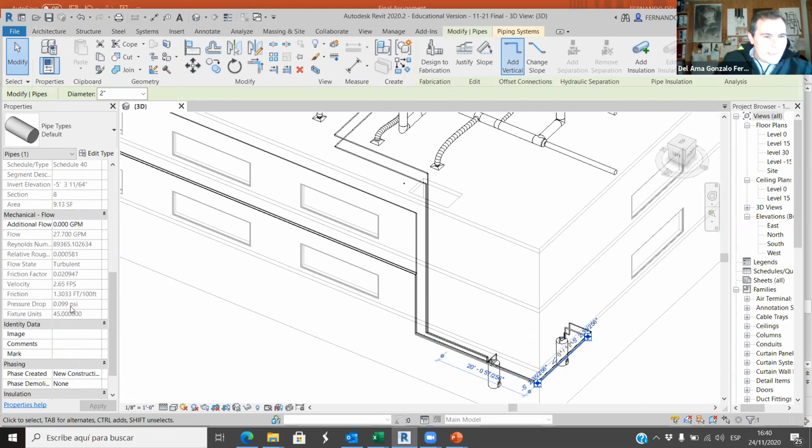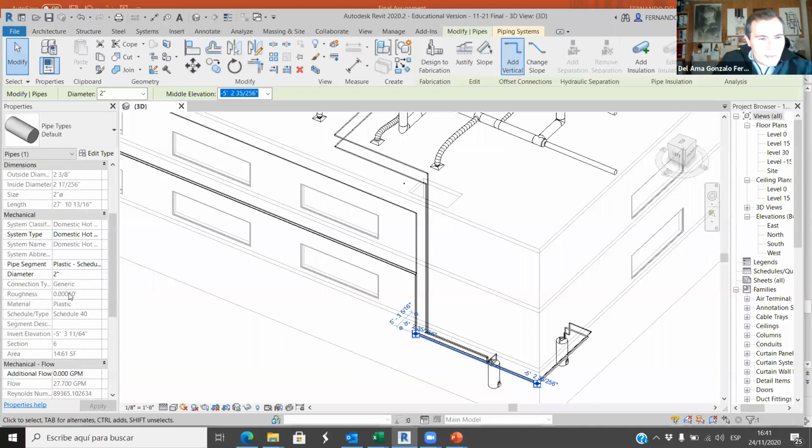All these numbers, then we have to check these numbers. By looking at the flow, gallons per minute, we have the velocity, feet per minute. By looking at this, we can check if values are reasonable or not.